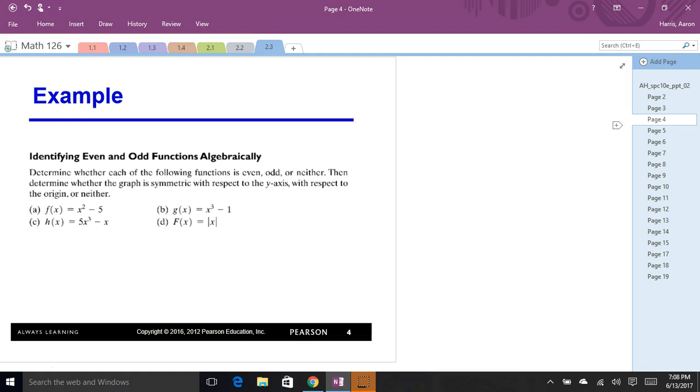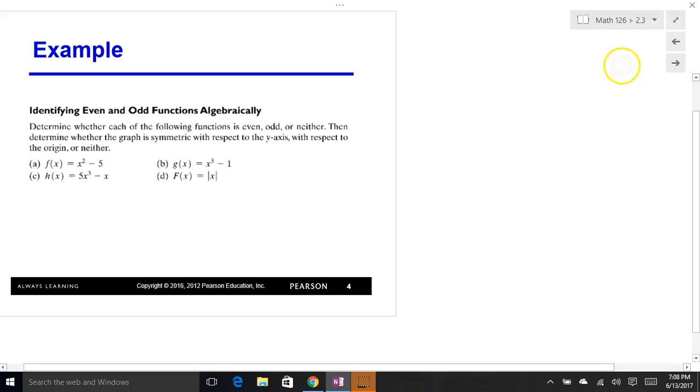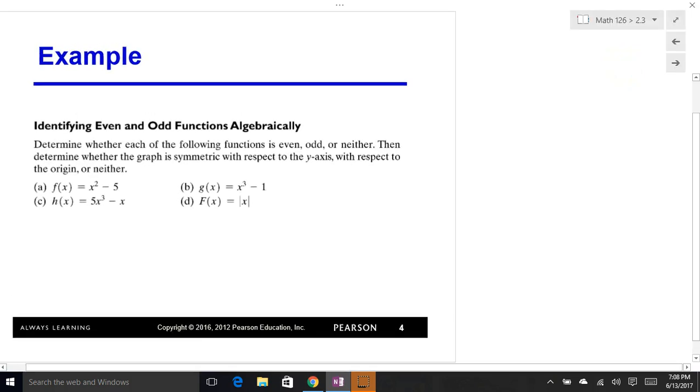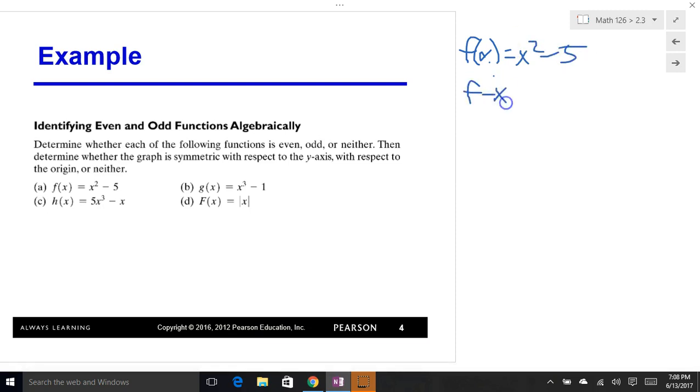All right, determine if it's even, odd, or neither. So if you're looking at x squared minus 5, the first thing, if it's even, then when I plug in negative x, it'll spit out my original f of x. So let's plug in negative x. So I got negative x squared minus 5.